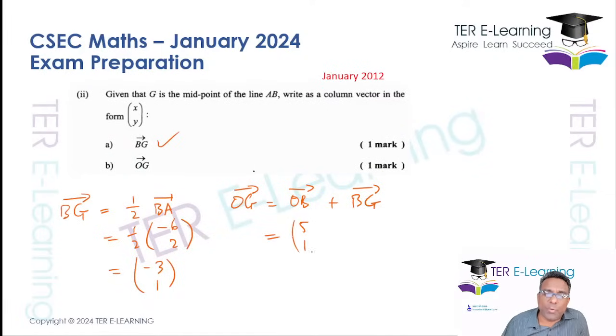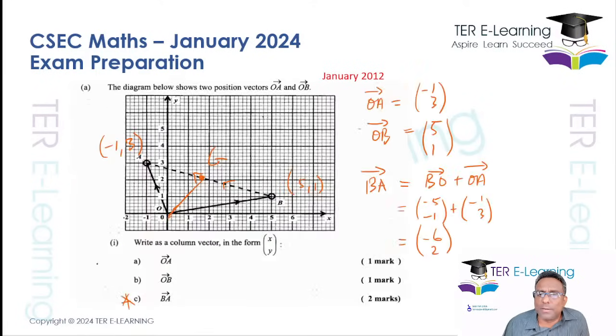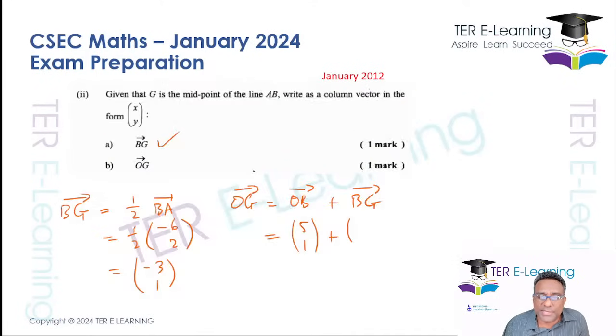So this is 5, 1, plus BG. Oh, we worked out BG just now. Where is that? Minus 3, 1. Right? So 5 minus 3 is going to be 2, and 1 plus 1 is going to be 2. So that's the vector OG here. 1 mark for these things because these are considered straightforward.